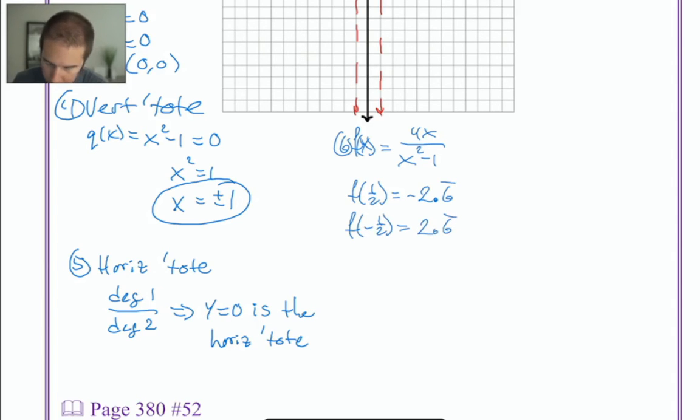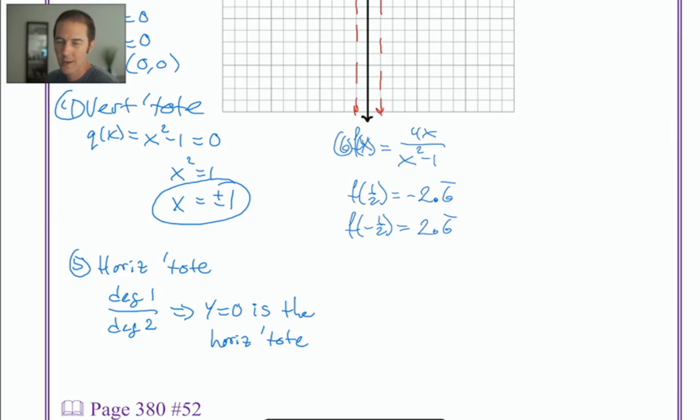2.6 repeating. And then let's use an x value that is to the right of our rightmost asymptote. Let's try an x value of, what was it, 3, 9, 8, 4, 3 is a little rough. 2 isn't any better. 4 makes that a 15.